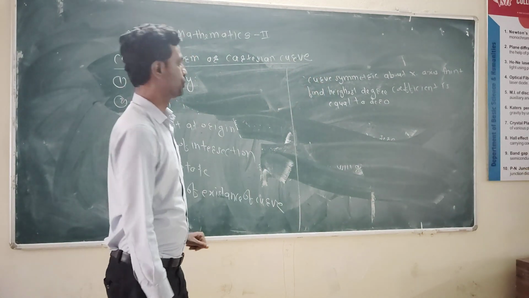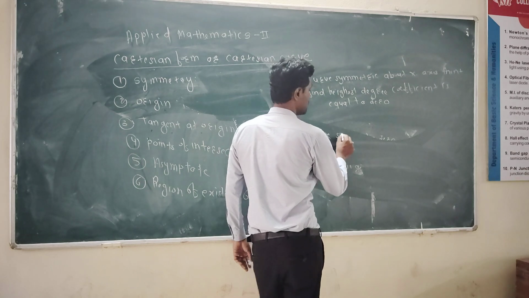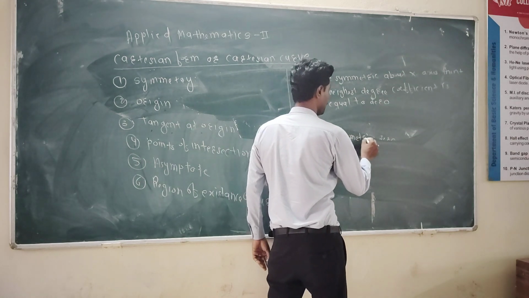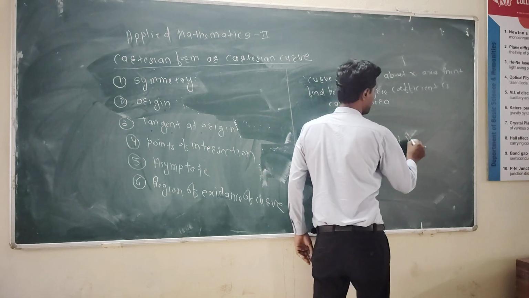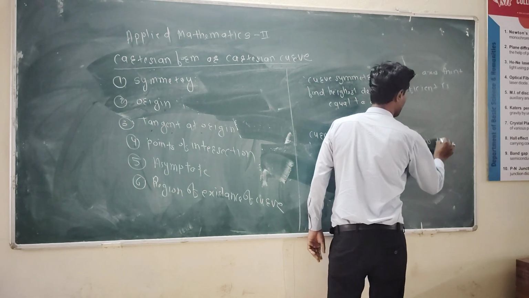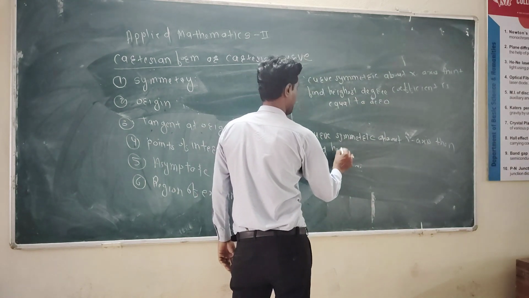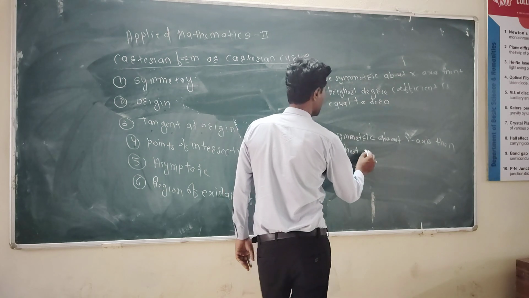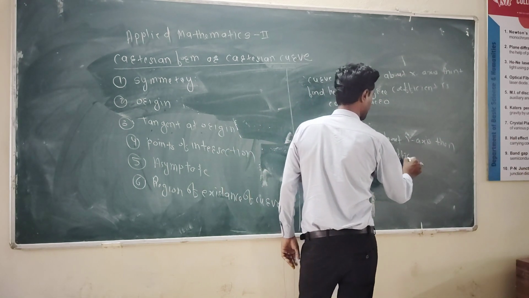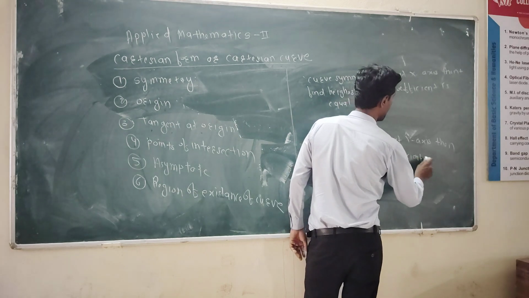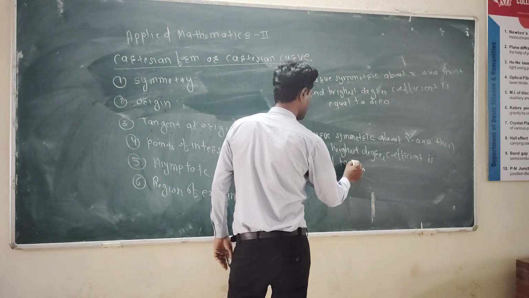Highest degree coefficient equal to 0. Again, if the curve is symmetric about the y-axis, then find the highest degree coefficient is equal to 0.